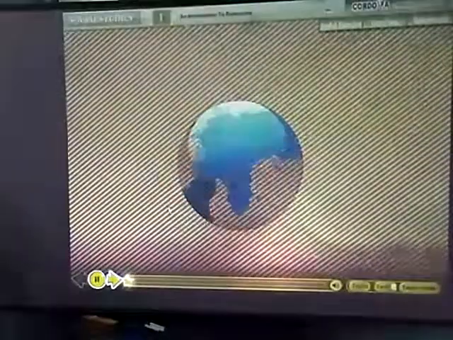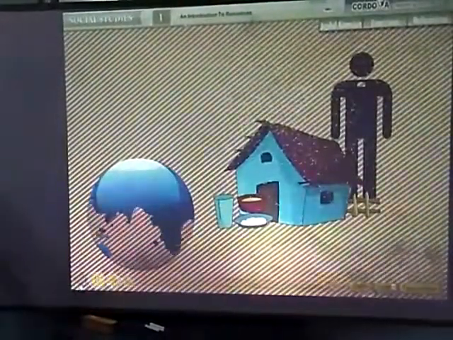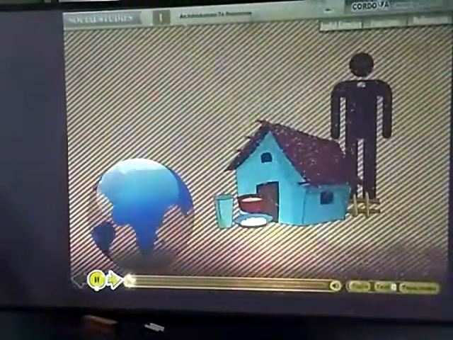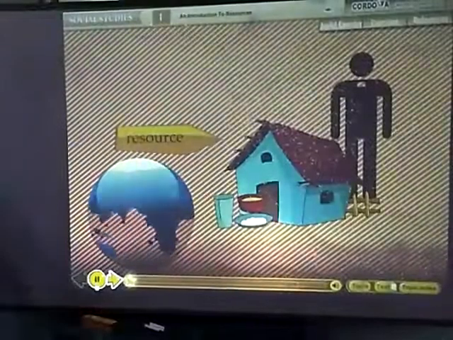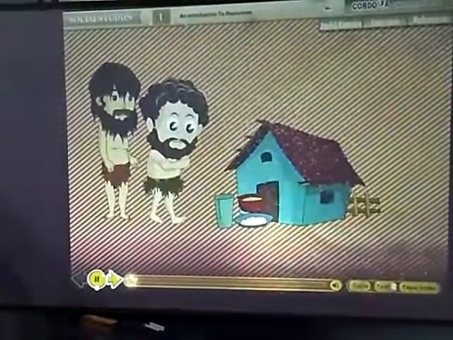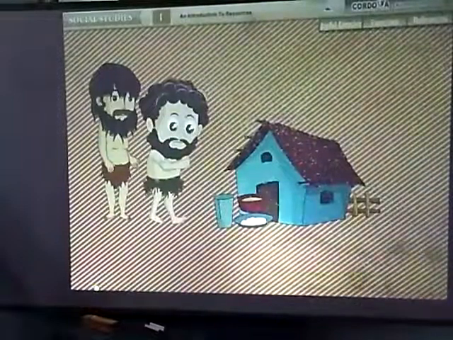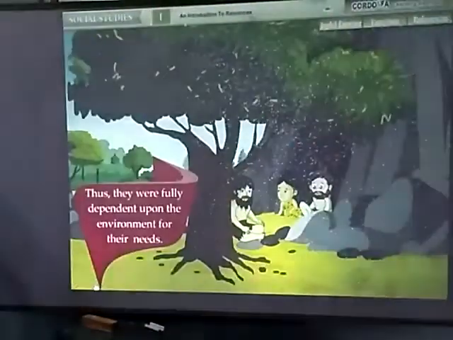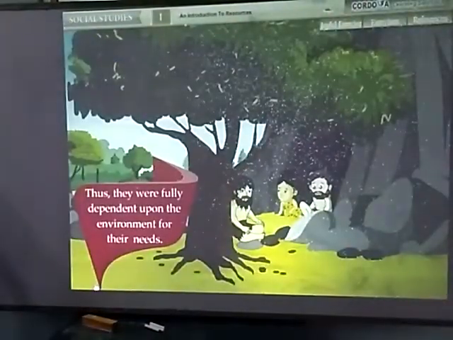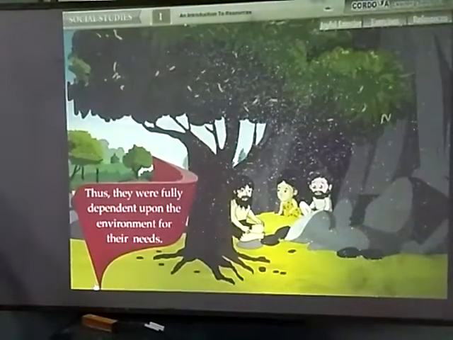Anything on the earth that is necessary for the survival of human beings and satisfies human needs is called a resource. Early humans were unaware of the utility of these natural resources. Thus, they were fully dependent upon the environment for their needs.